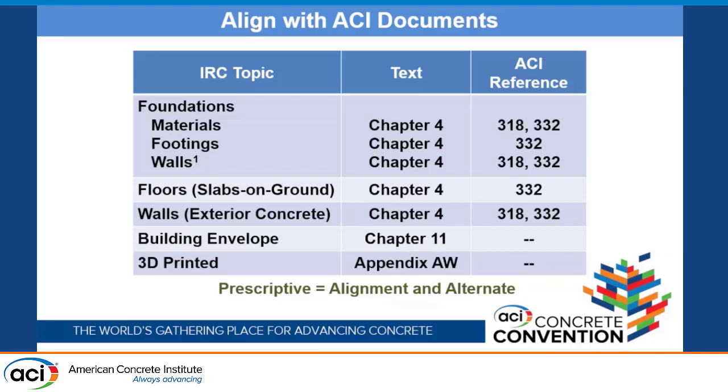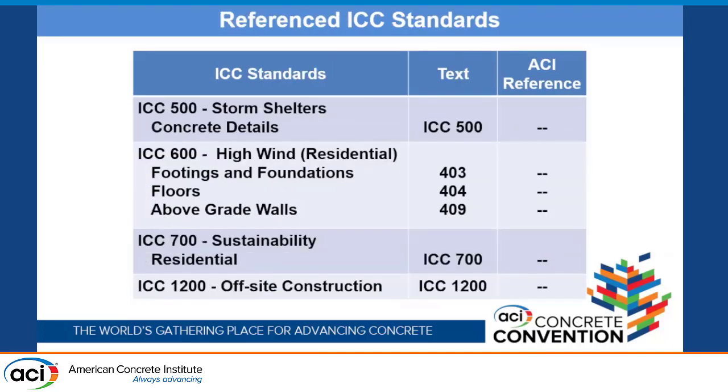It's not based on rational design. You can use rational design to do residential buildings, but the code requirements in the residential code are prescriptive, which means they need to be transcribed into the body of the residential code. So we're working very closely with Committee 332 to try to make that happen.